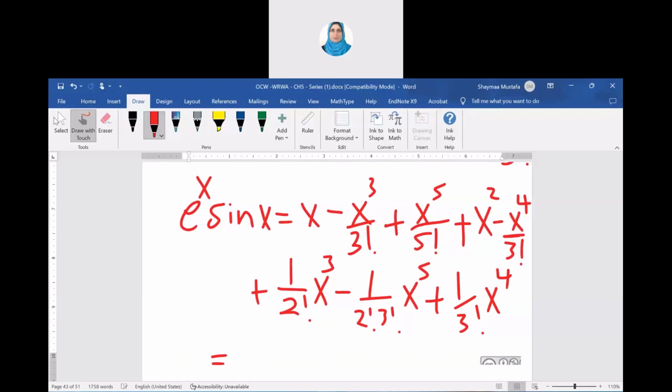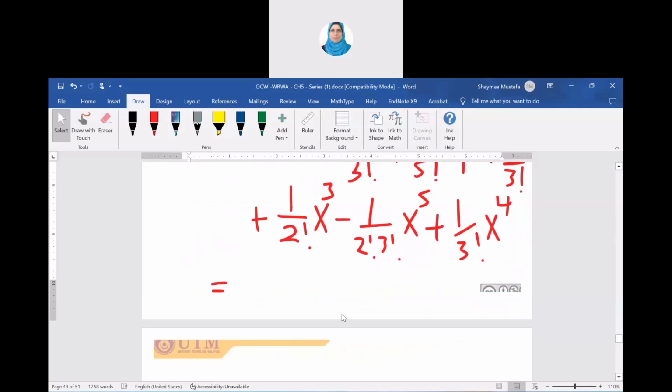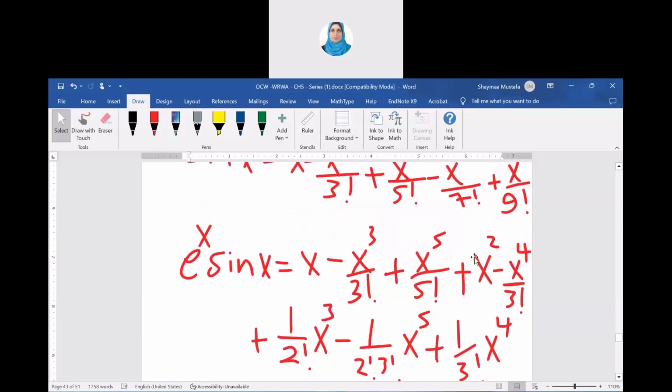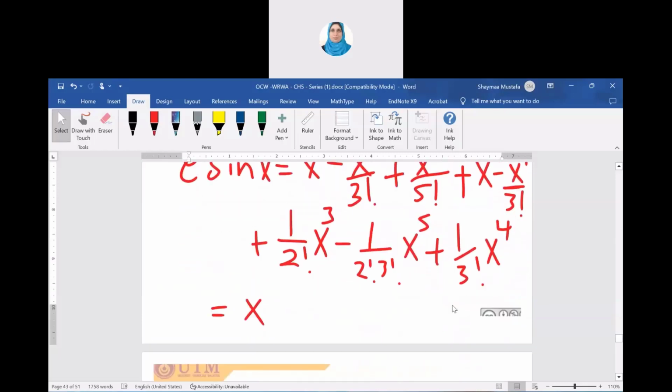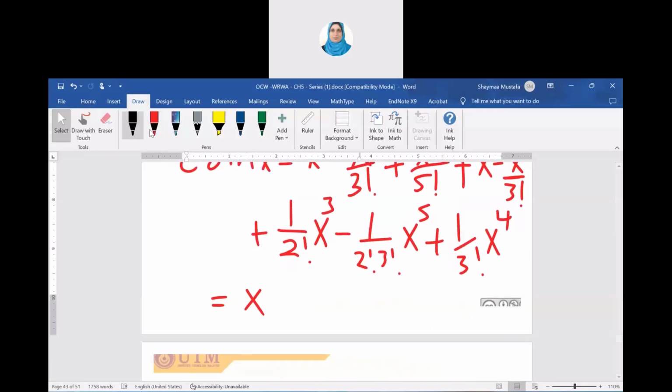So now we can evaluate. The first term is x. The second term should include x squared. We have one term with x squared, so you have x plus x squared.